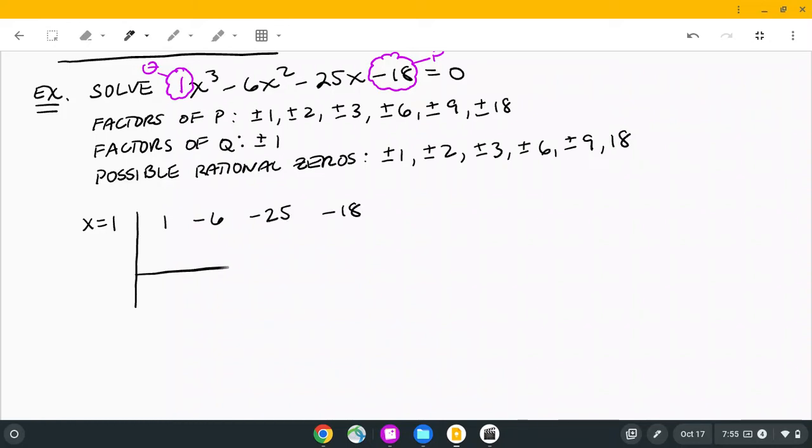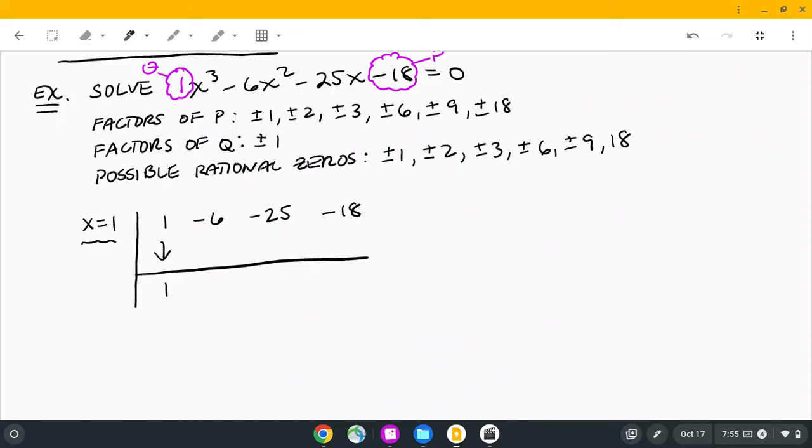Okay, you just have to be very patient until you find a 0. Okay, so we're going to do our synthetic division. If we get 0 here for our remainder, then that means x equals 1. It means that is a solution. Okay, but we need to get this 0 over here. Okay, so let's check. Do we get a 0 there?